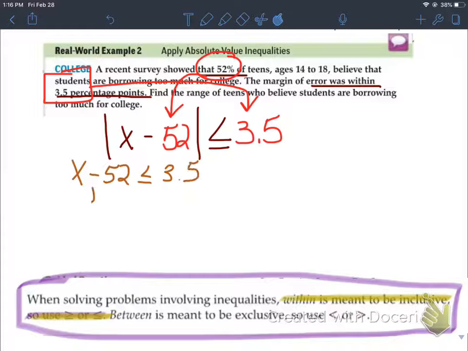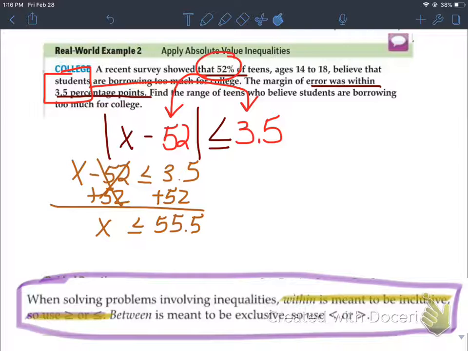Set them up, and then we're going to add 52 to both sides, and then we end up with x is less than or equal to 55.5. So that is the highest percentage range possible. And now we need to figure out the lowest. Again, when we set this up, we need to say x minus 52 is greater than or equal to negative 3.5.